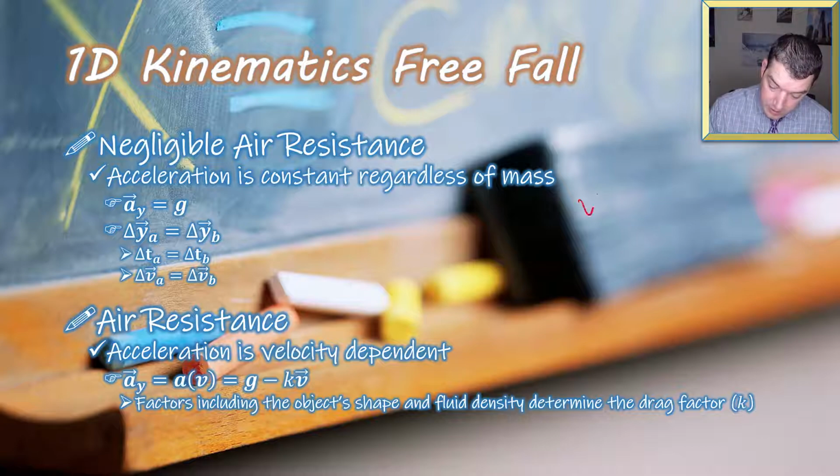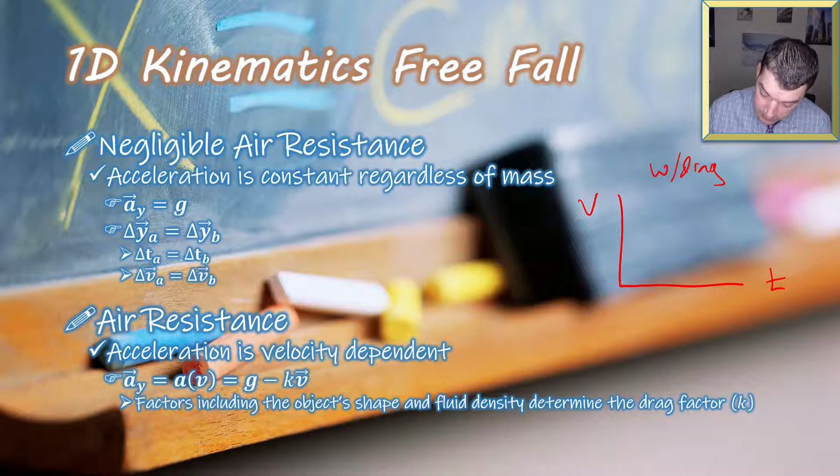And if we're looking at our velocity as a function of time with drag, the velocity will start at 0 and reach some point where it remains constant. Without drag, the acceleration would be a constant horizontal line, and the velocity would be a constant positive increase.